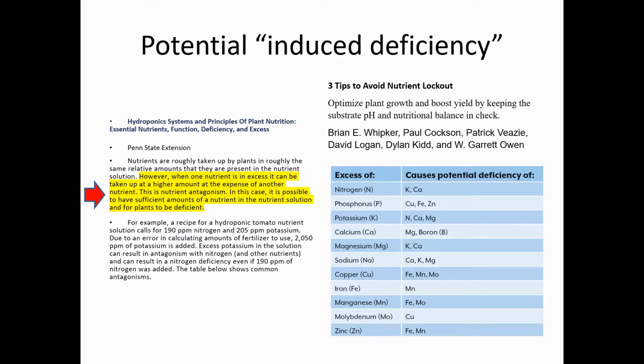I see a lot of signs of calcium and magnesium deficiencies in the commercial grows that I spend time in. And very often it's not due to the fact that there isn't enough calcium and magnesium in the nutrient solution. It's that some of the other nutrients are in excess and they're causing this induced deficiency.